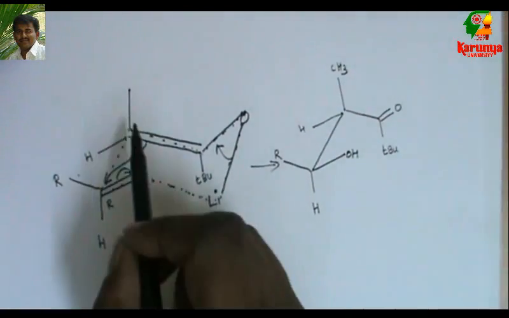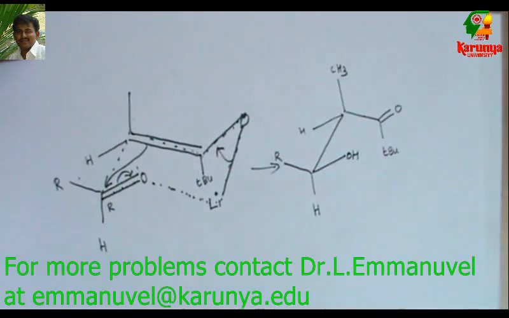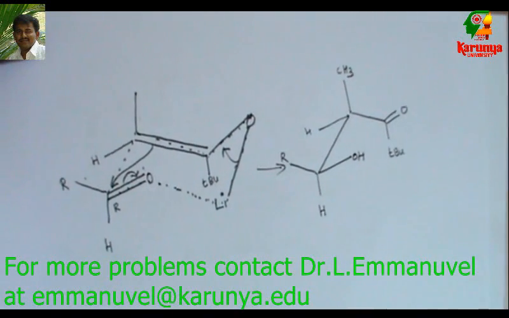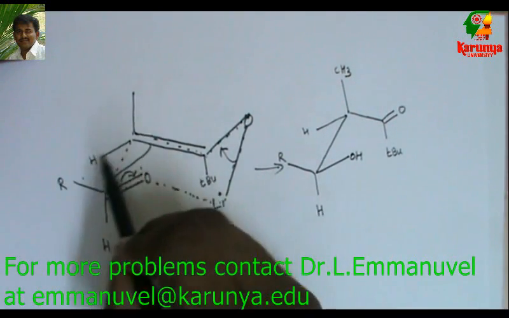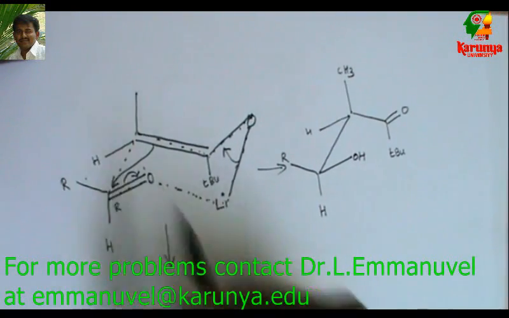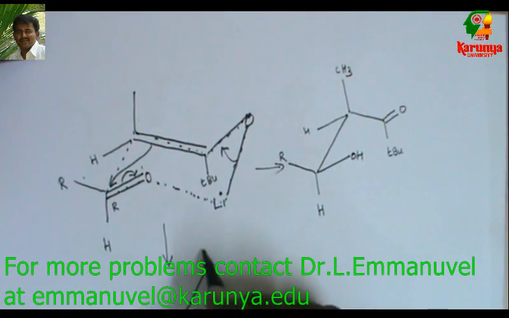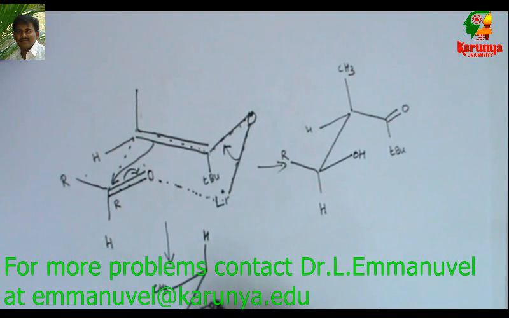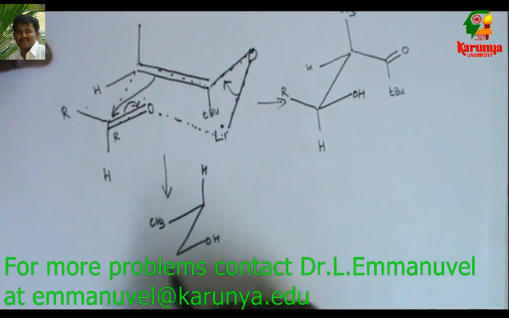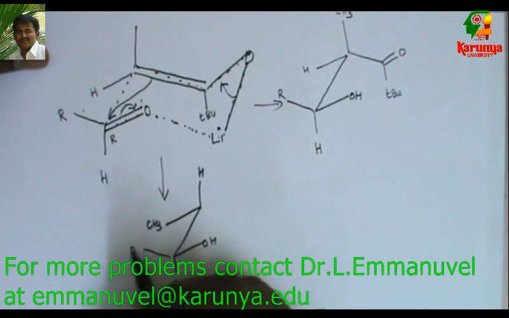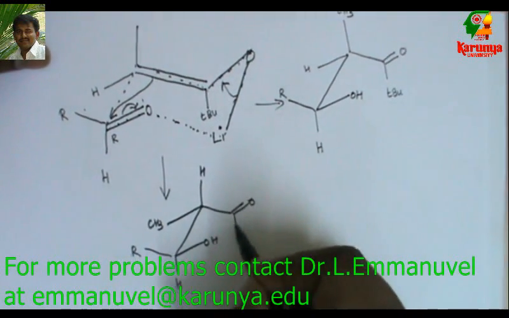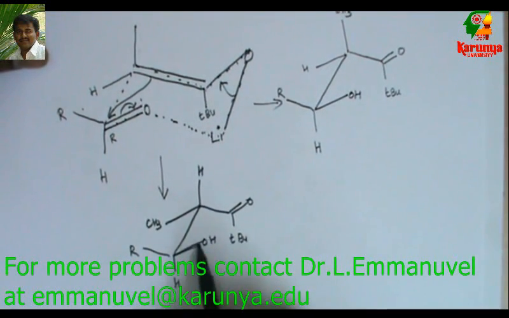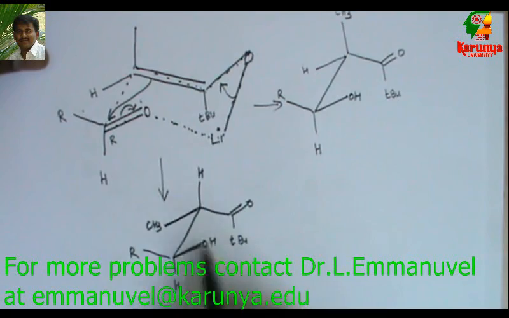So if I place the methyl group in the axial position, only then will I get the desired stereochemistry. If the methyl group is here, equatorial, hydrogen will be here and CH3 will be here, OH, I will get a compound like this, in which this OH and CH3 are trans.